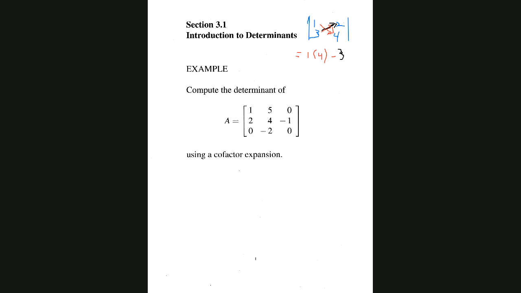So that's how you compute a 2x2 determinant. But in linear algebra and other fields as well, you have determinants of bigger square matrices. By the way, a matrix has to be a square matrix in order to compute its determinant.